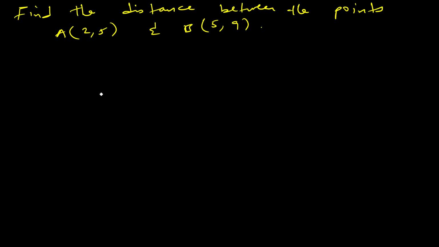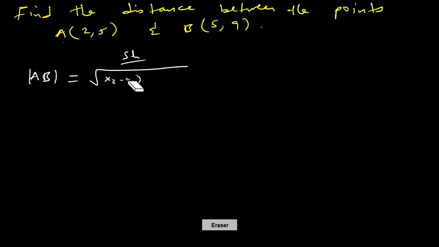Let's solve this example. Find the distance between the points. We have point A (2, 5), then B (5, 9), so AB here. Length AB is giving us the change in x, that is x2 minus x1 squared, plus the change in y.